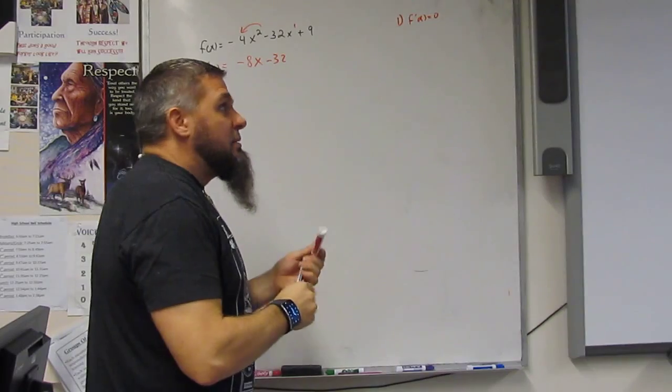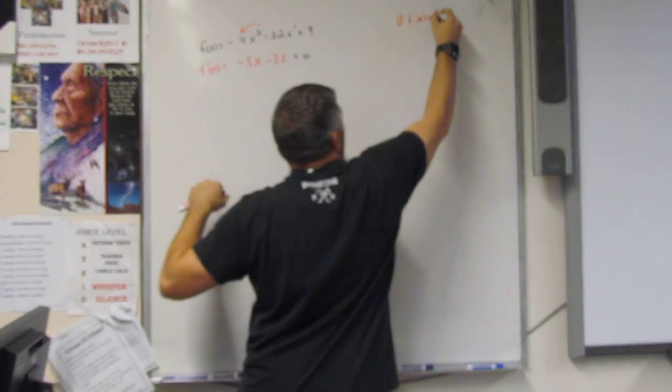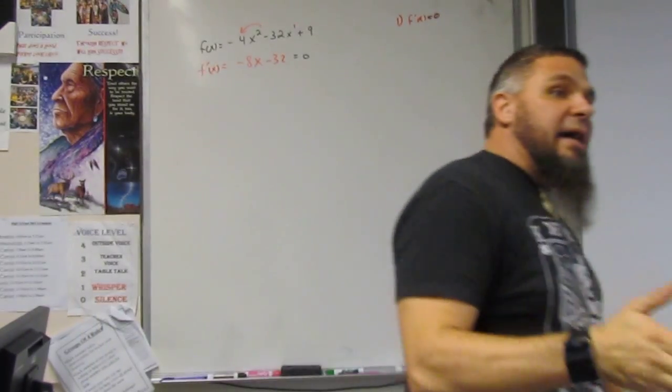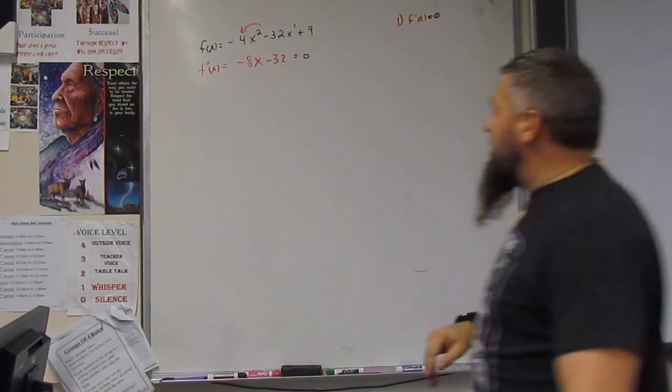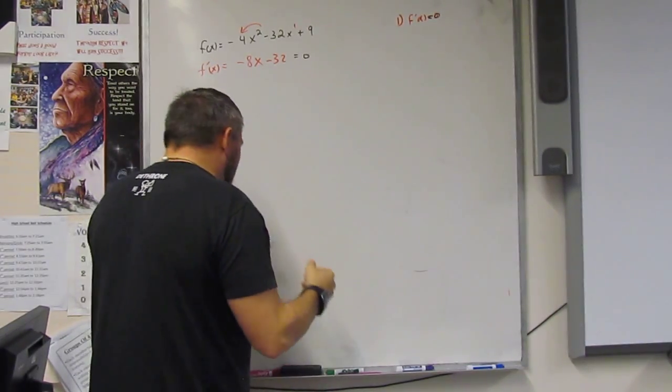And then we set it equal to 0, because that's the slope at which the axis of symmetry is at. The slope is 0 when the x variable is there at that point. That's what we're trying to find.